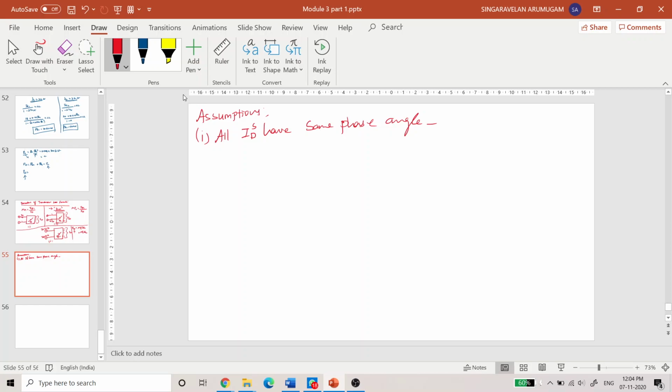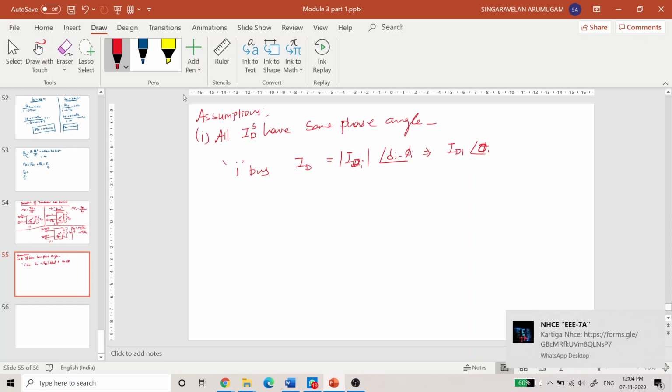Say, for example, at the ith load or ith bus, ID will be the modulus of IDi with the angle delta i minus phi i, and this will be taken as modulus of IDi with angle theta i.